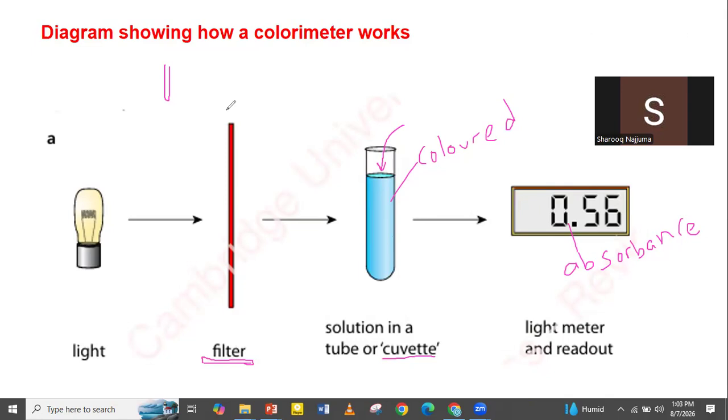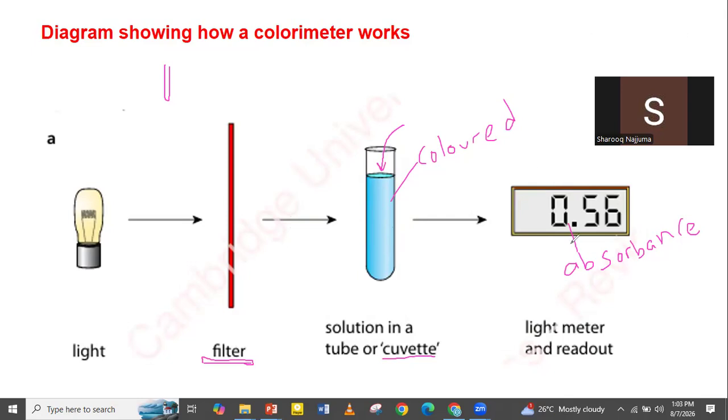That is why we have this filter in place. The filter allows the right wavelength of light that can be maximally absorbed by the solution to be exposed to that solution, leaving out other wavelengths of light that might not be absorbed, so that we have the best absorbance recorded. So that is how a calorimeter works.